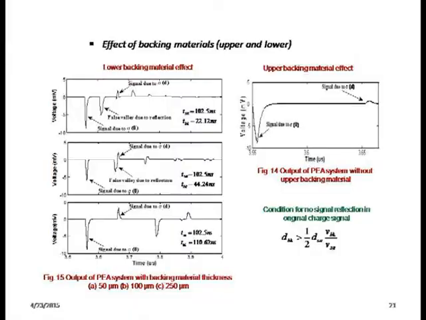But if it is different, say Z0 by 2 or 0.7 Z0 or 0.9 Z0, then some portion gets reflected and some portion gets transmitted. Here if your backing material is not perfect, you will always find some reflections, which give false values due to reflection from the lower backing material. Like that we made several investigations, and finally we could make one good PEA system.